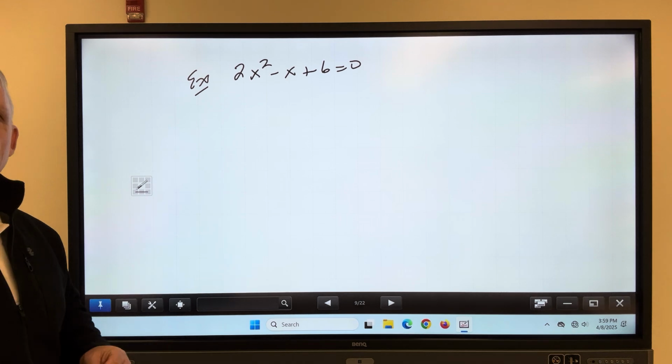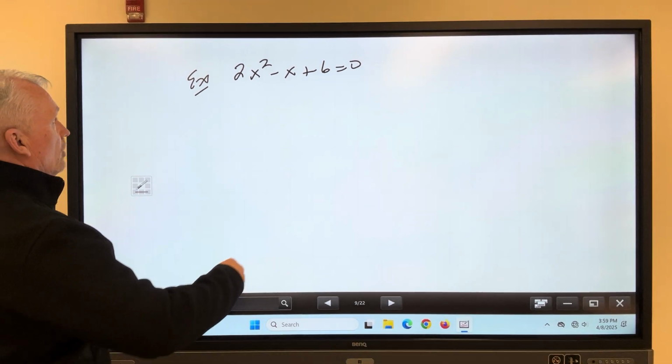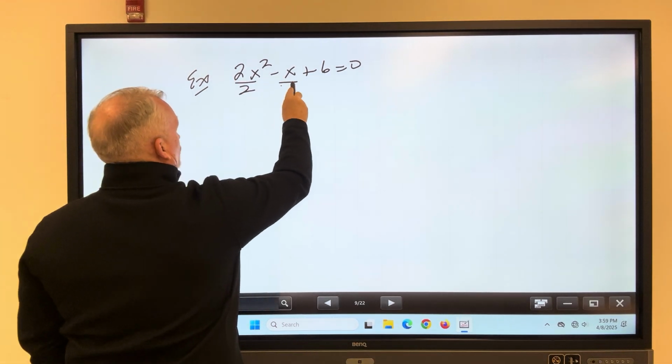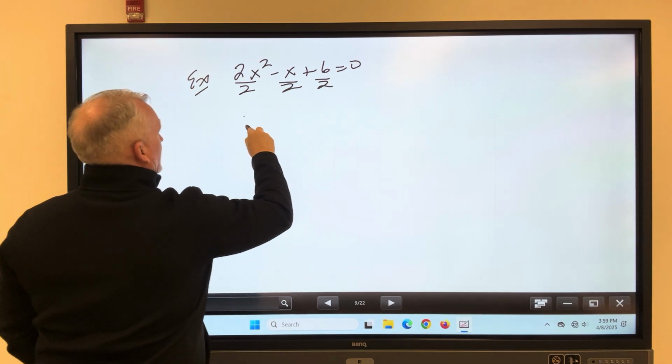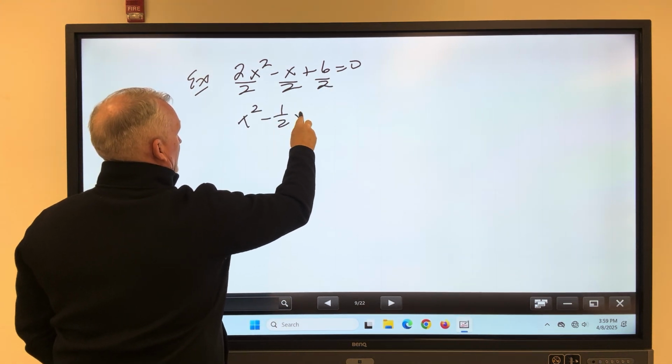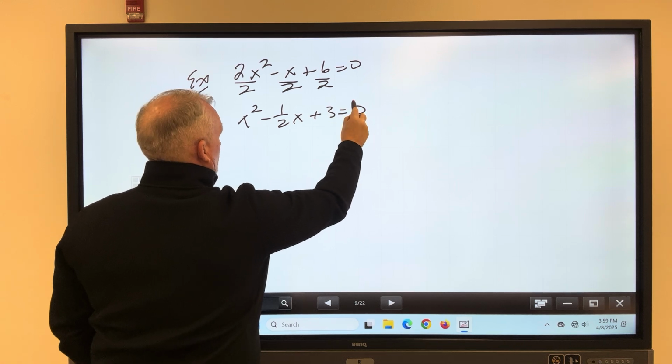Okay, let's take a look at this bad boy. I've got to divide everything through by 2. So I got x squared minus 1/2 x plus 3 is equal to 0.